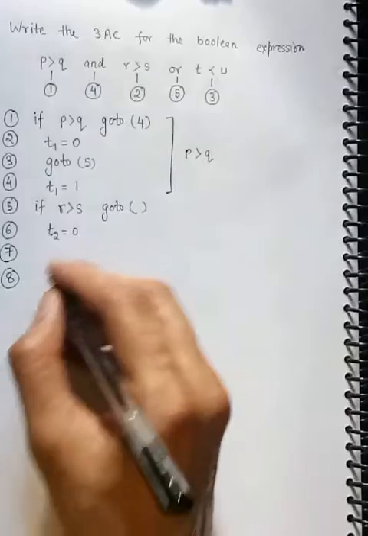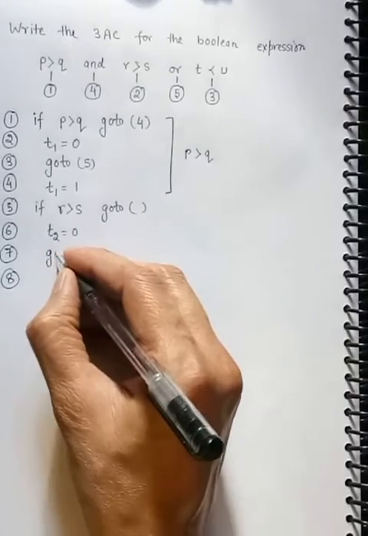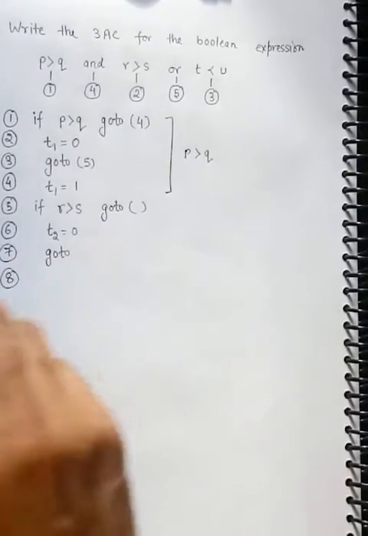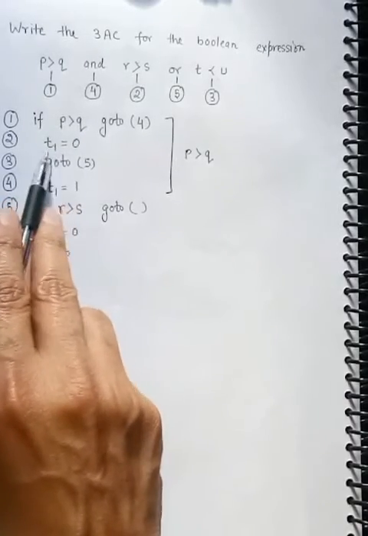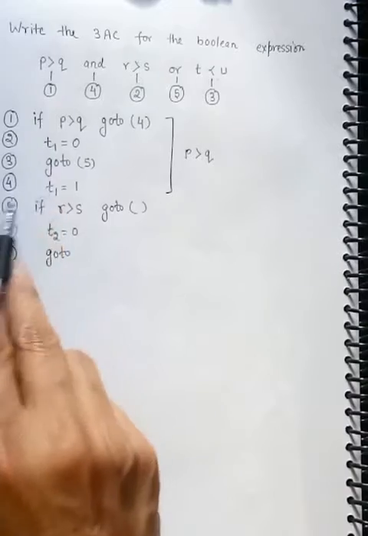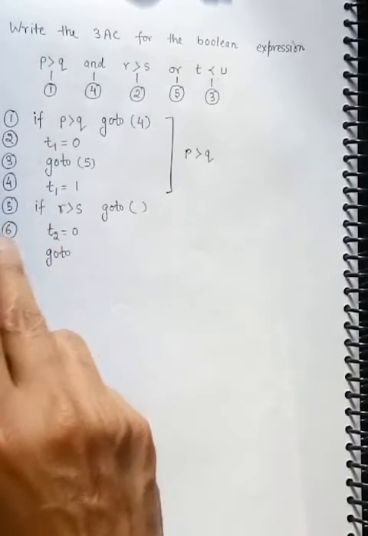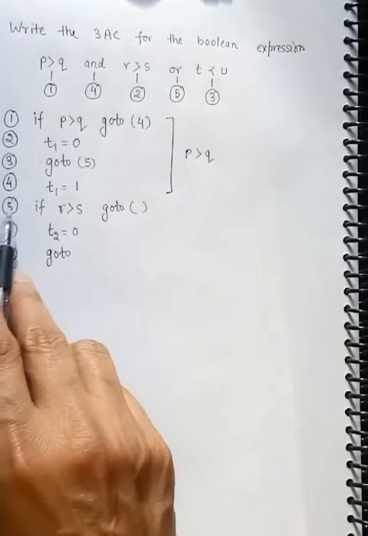So t1 equals 0 here, and again define a go to level. You can easily correlate that after storing the value of t1 as 0, we will move to another statement, and that is this one.